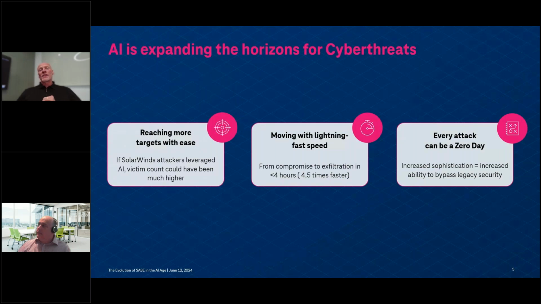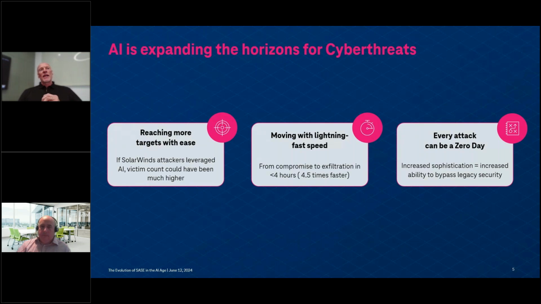So you get a sense of the likely impact. If you look at the speed of attacks as well, taking an extremely fast ransomware attack, that's probably one to 2 days from initial compromise to exfiltration of data or deployment of a ransomware attack.